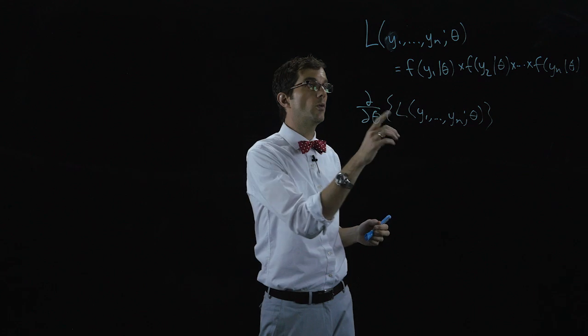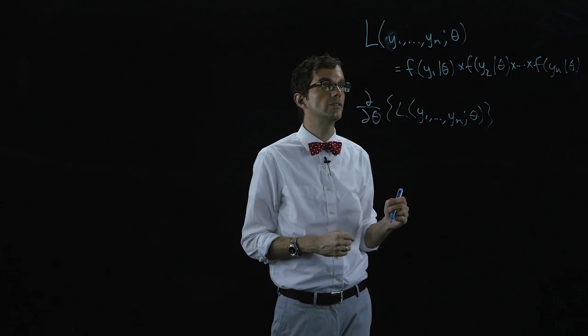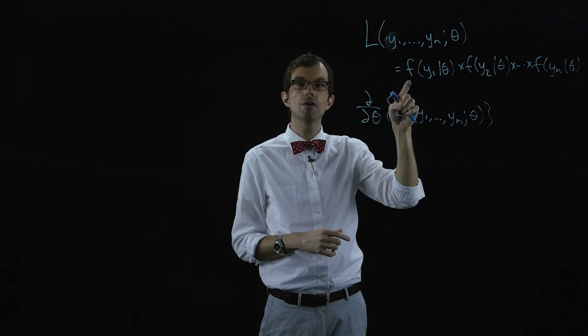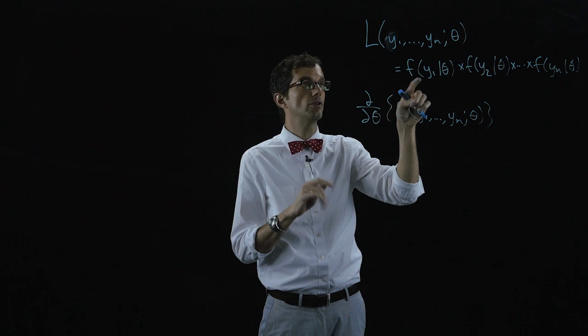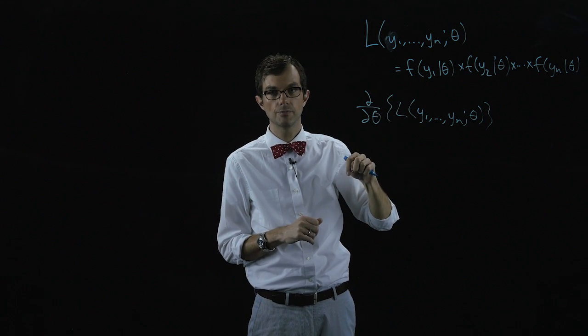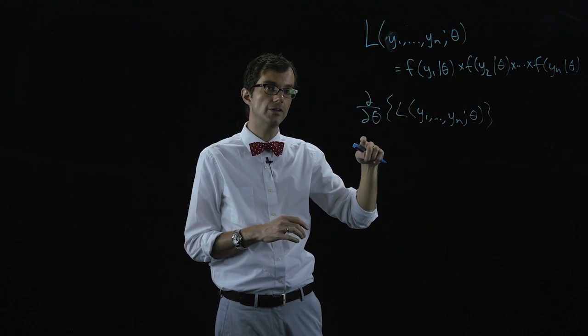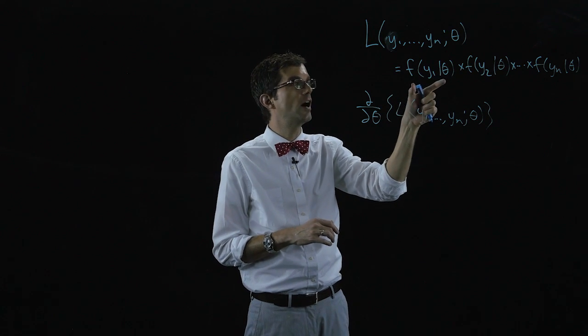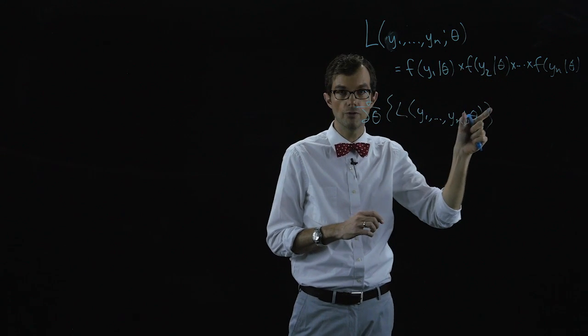So what we can do is take the natural log of the likelihood function. If we take the natural log of the likelihood function, that means we can sum the natural log of each one of those elements.